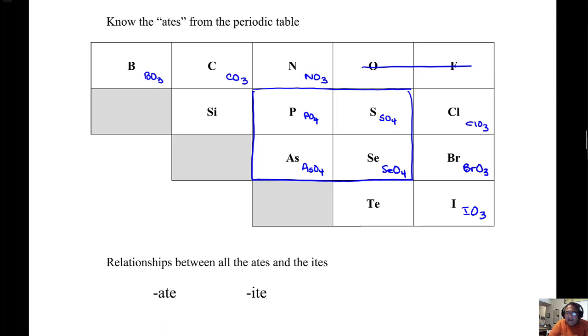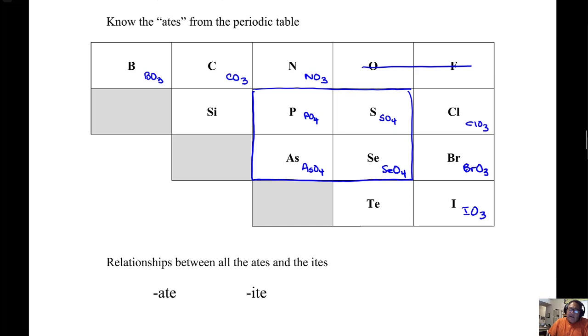It's the element symbol with 3 oxygens. And so all the ates on the periodic table, and we'll get to the Si and the Te, are O3 or O4. The O4s are in the middle, and the O3s are on the edges of this diagram, which is really the edges of what we see on the periodic table.